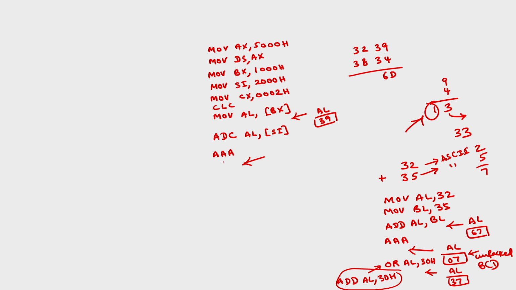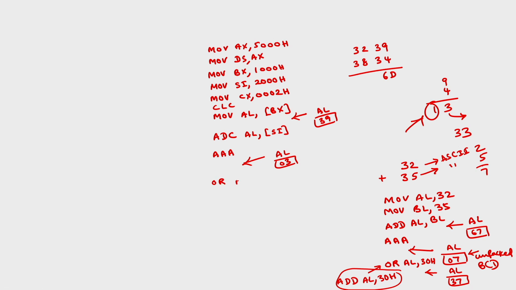Now here coming back to this main program, after this addition what happens is this 39 plus 34 which is 6D, but actually this one is 9 plus 4 is 13. So this 3 will be there in AL. But what is ASCII code corresponding to 03 is 33. So you have to either add or you have to OR.